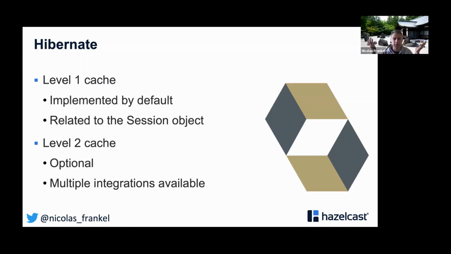I don't even know how you can get rid of it. It's related to the session object. So every time you call Hibernate explicitly, from the session factory, you retrieve a session, and from the session, you do your stuff. You do your queries, you do your writes, you do your save.